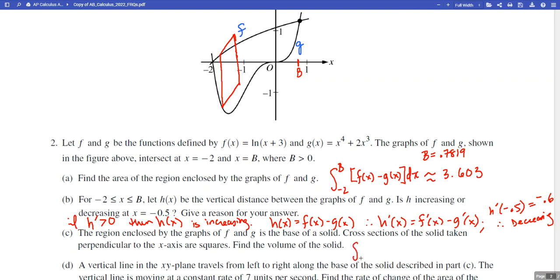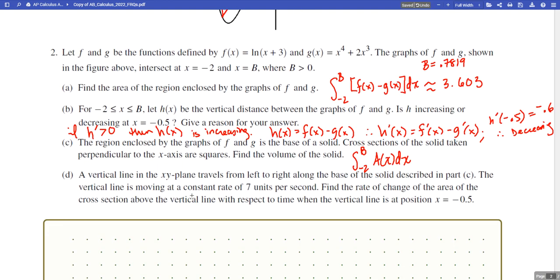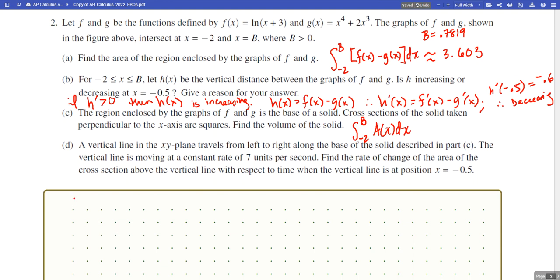The volume is going to be the integral from -2 to b of my cross-sectional area with respect to x. For part C, we have the integral from -2 to b, and I've already said what b is. The cross-sectional area is h of x quantity squared, because it's a square, and the length of a side of the square is h of x, the vertical distance we're told about.